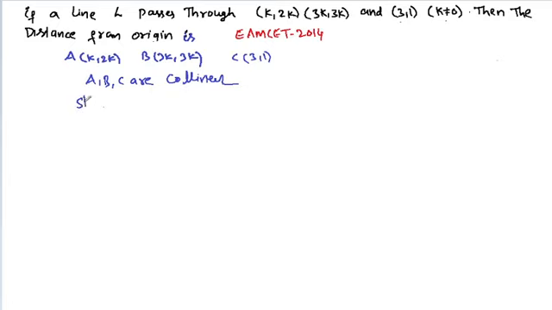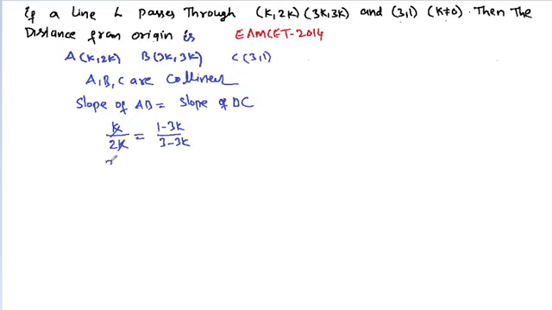Collinear means slope of AB is equal to slope of BC. Slope of AB, that is (3k minus 2k) by (3k minus k), is equal to (1 minus 3k) by (3 minus 3k). Here k cancelled.